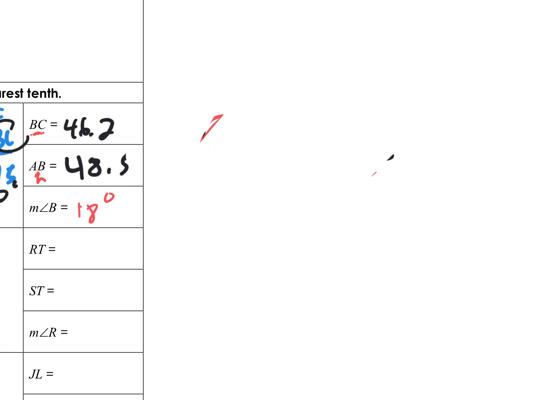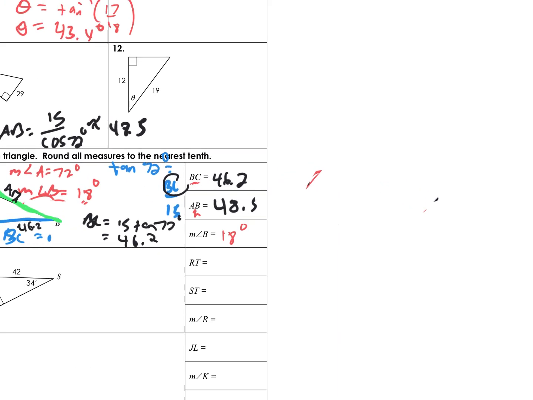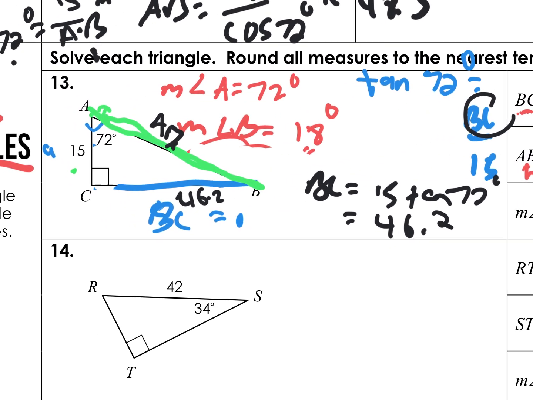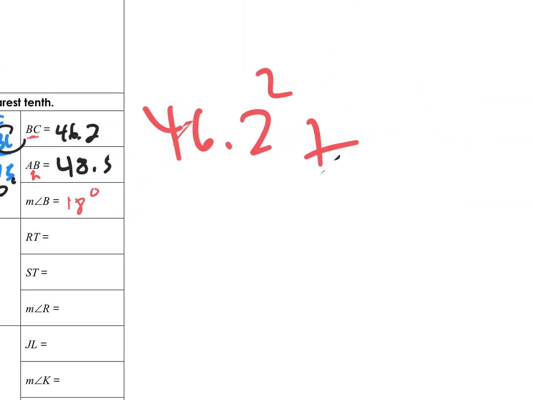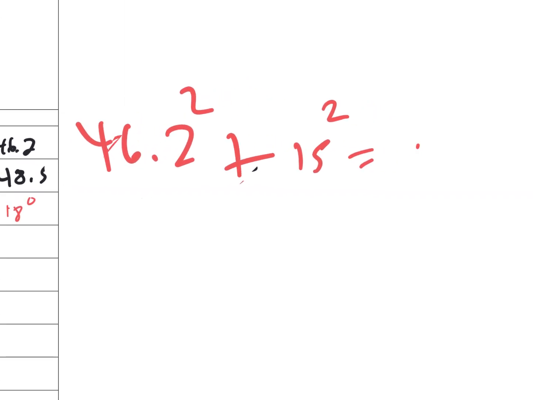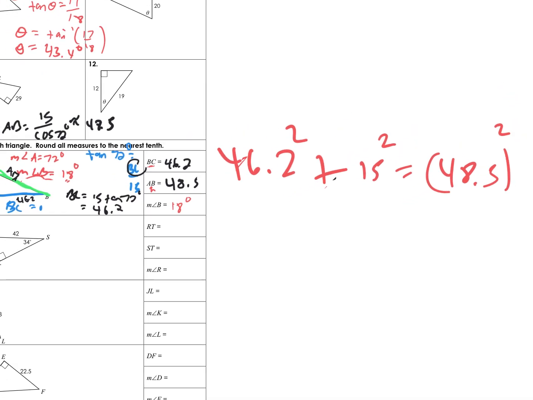It's the leg squared. Yes, 46.2 squared, plus the other leg, which was given, 15. All right, that's easier. 15 squared should be the answer we just got, the 48.5 squared. Should be true.